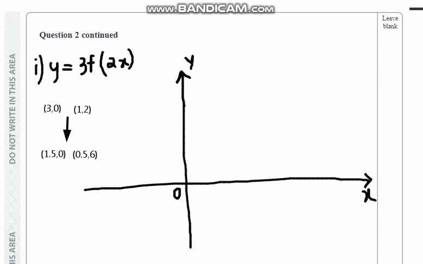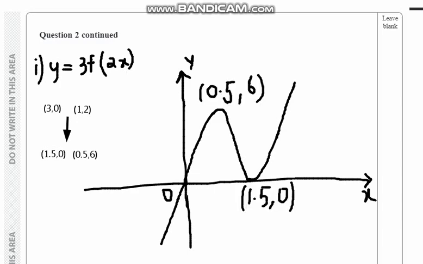So now we'll sketch this on the graph here. Our graph will take a shape similar to what we had in figure 1, but some alteration has been done to it, and I'll mention all the labels here. There you go, this is (0.5, 6), that is almost 6 because we are just drawing a rough sketch, and that's (1.5, 0).